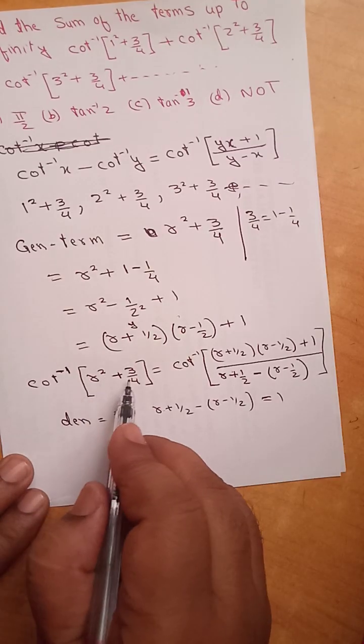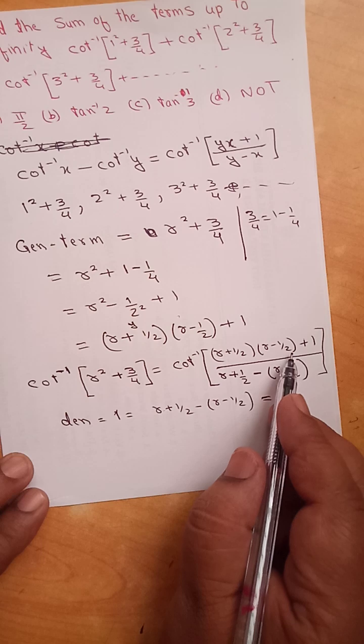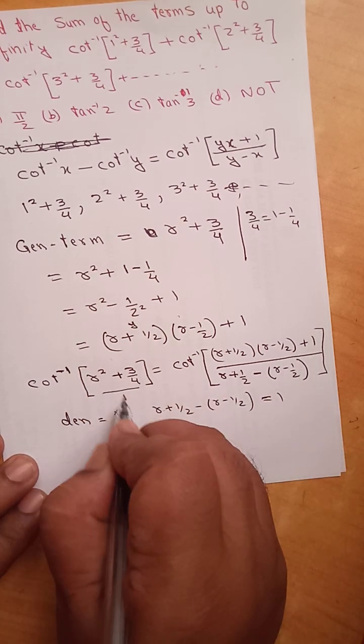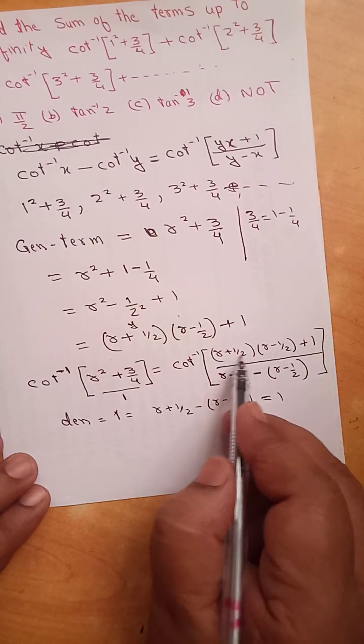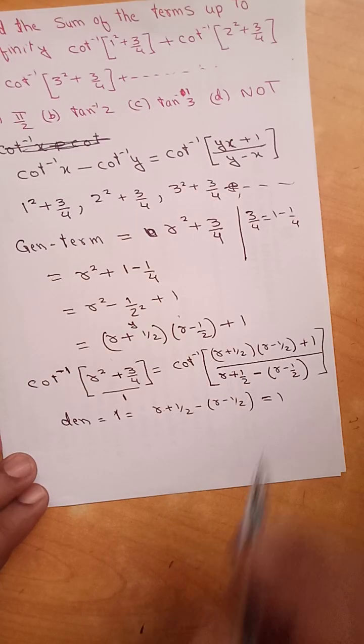Cot inverse of r square plus 3 by 4 can be written as cot inverse of (r plus 1 by 2)(r minus 1 by 2) plus 1, divided by the difference of the two terms. In the numerator the product yx is there, and in the denominator the difference.